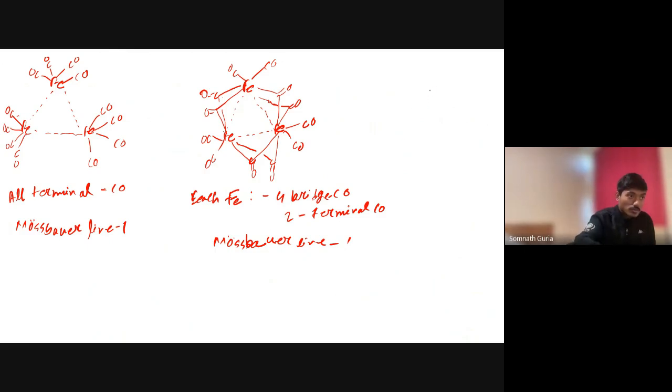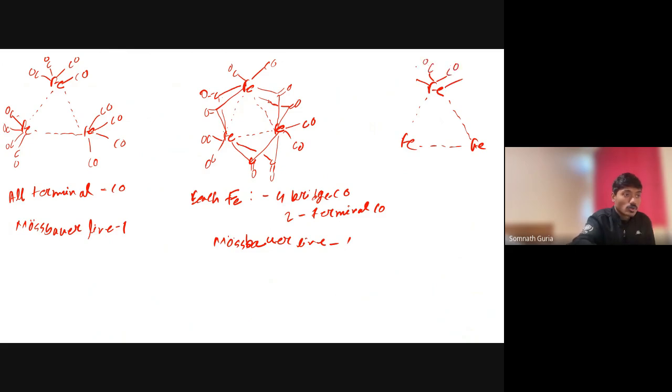Going to another possible structure. This is the iron. This is iron. This is the iron. Let's suppose this iron contains. Sorry, we can draw it another way. Here, here, here, here. Okay.